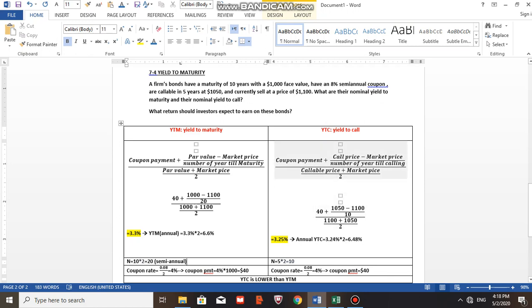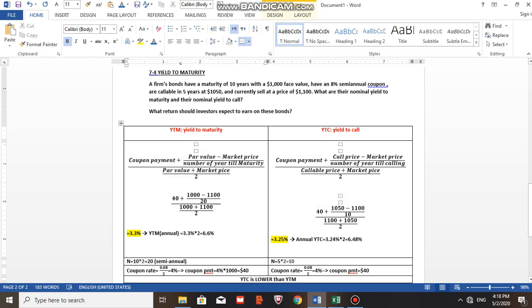The number of years till calling the bond is 5 years, but we have a semi-annual payment, so it will now be 5 times 2, 10. So we use the 10. It's not the same 10 as the years till maturity. It's the 10 converted by the 5 times 2.